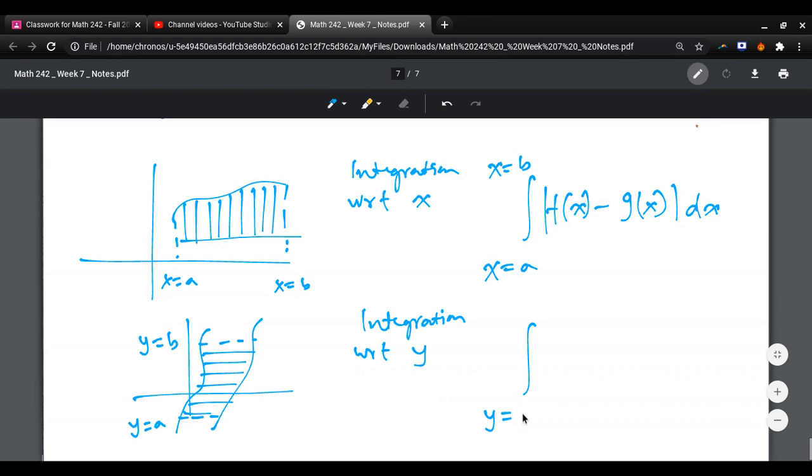And that's because this is going from y equals a to y equals b, and it's f of y minus g of y dy. Okay, so these have to be y terms and these have to be x terms.